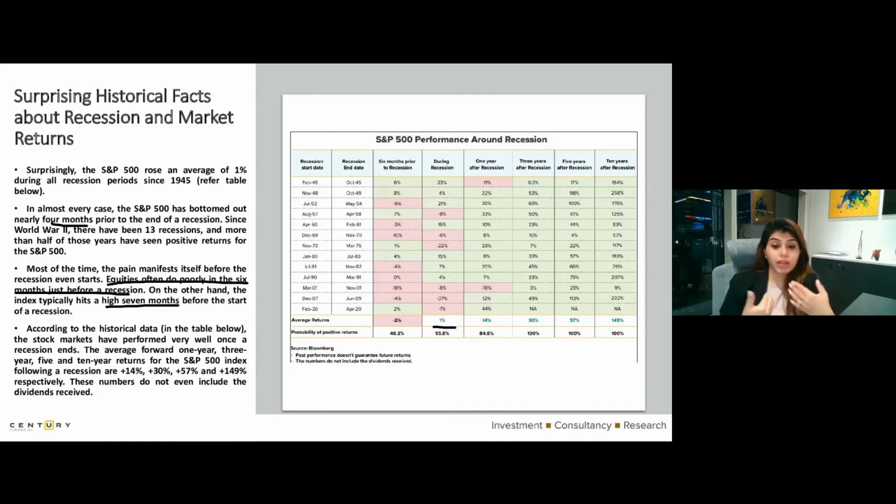So the beauty about markets is that they generally tend to react well in advance, and that is why even before we've seen a recession, there has been a great fall in the S&P 500, or for that matter even Nasdaq, that's lost almost 30%.